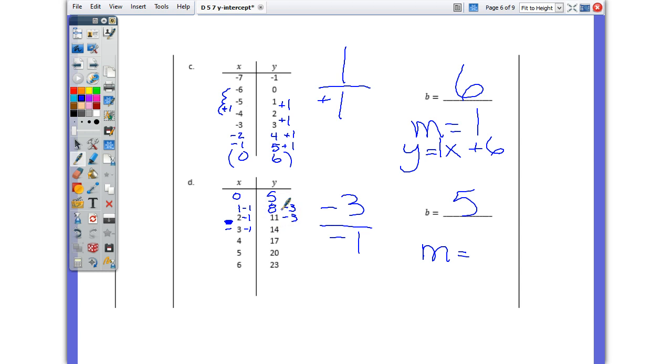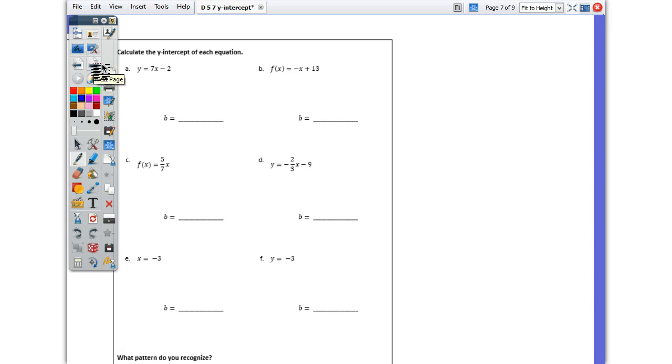What's my slope? A negative over a negative makes a positive. So these turn into a positive 3 over 1, or better yet, just 3. So everybody together, what's my equation? y equals 3x plus 5. You guys are going to be good on these next lessons because you're learning even more than what you need to today. So this is good.